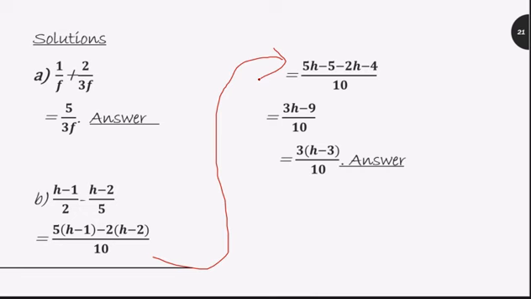1 over f plus 2 over 3f, excuse me. How do you do it? Just the same way like you do with things like 1 over 4 plus 3 over 6, and you look for a common denominator here, which is 24.